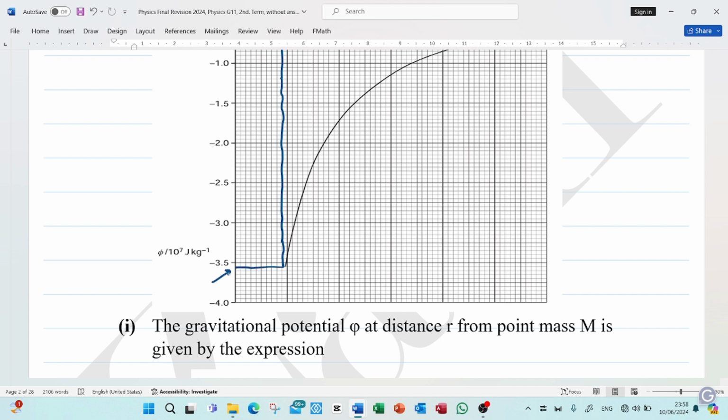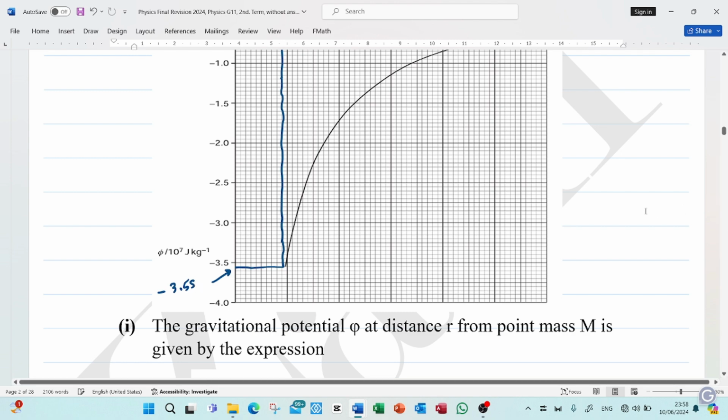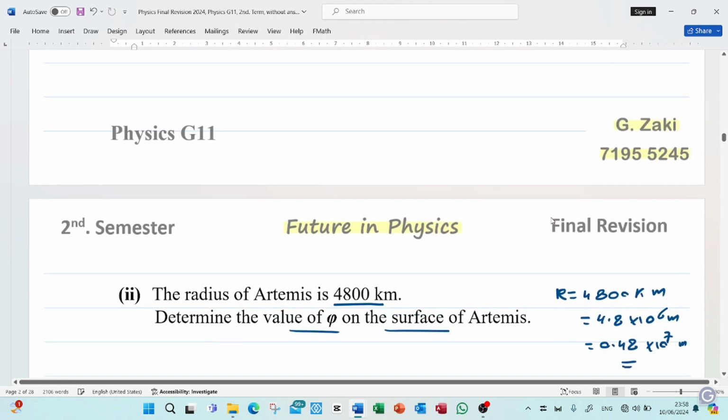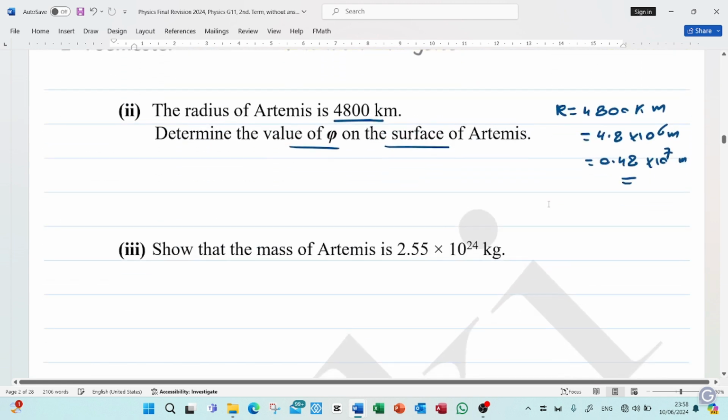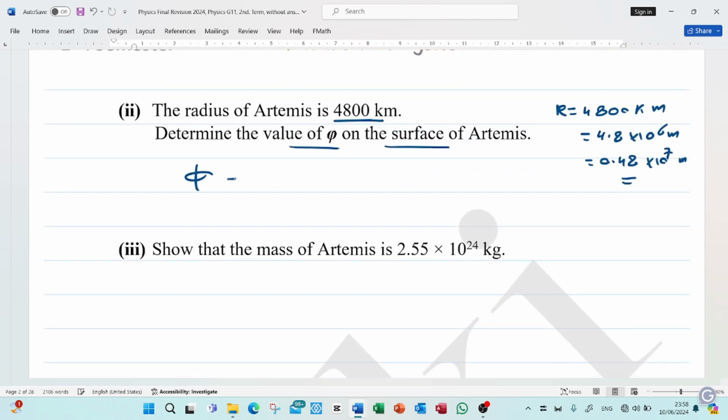This point is negative 3.55 multiplied by 10 to the power 7. Then phi at the surface, from the graph, is negative 3.55 multiplied by 10 to the power 7. The unit is joule per kilogram.